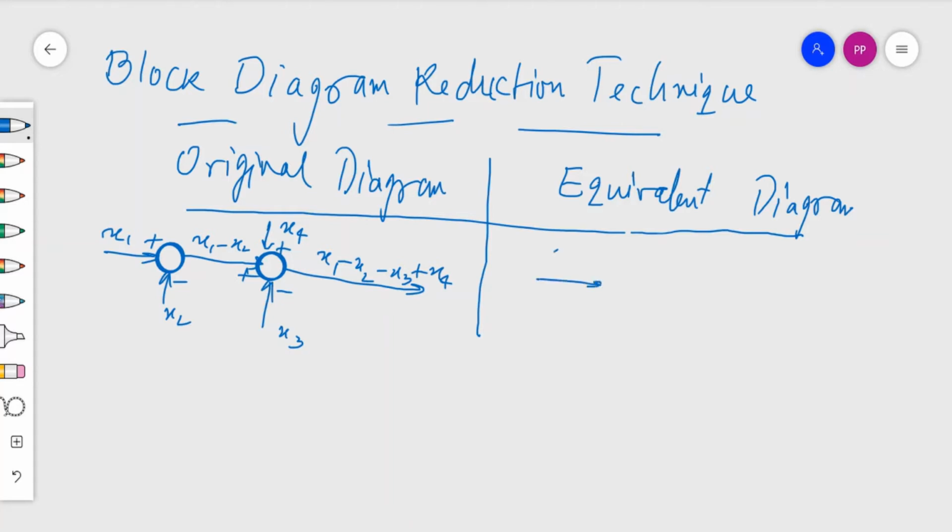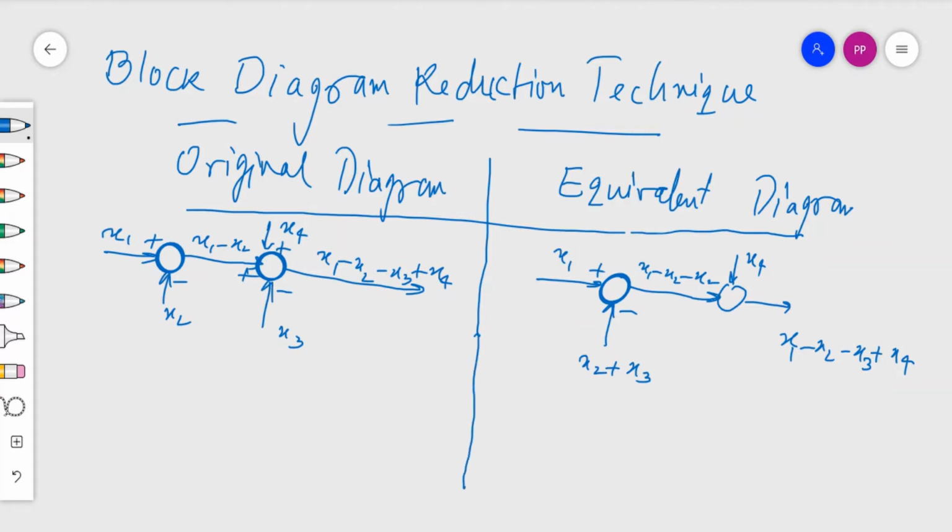We have the signal x1 with a positive sign, then because x2 and x3 both have negative signs, we combine them together as x2 plus x3, and this together forms x1 minus x2 minus x3, which is then added to x4, so it forms x1 minus x2 minus x3 plus x4. So both the diagrams are equivalent.